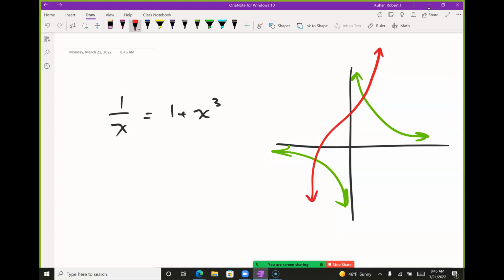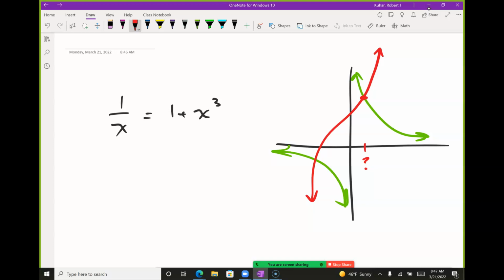We're after this solution. I'm trying to find where they cross, at one positive x value. I can certainly do this on my calculator real quick and get an estimate.